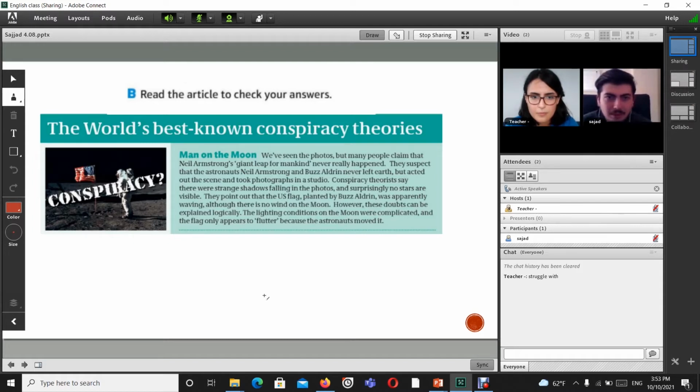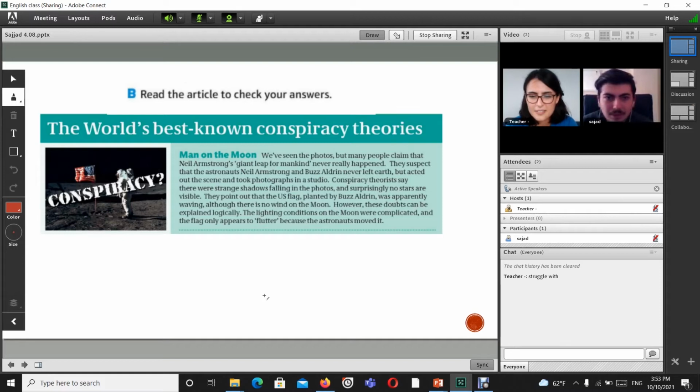The conspiracy says there was a strange shadow. Shadows following the photos and surprisingly no stars visible. They point out that the US flag was apparently waving, although there is no wind on the moon.